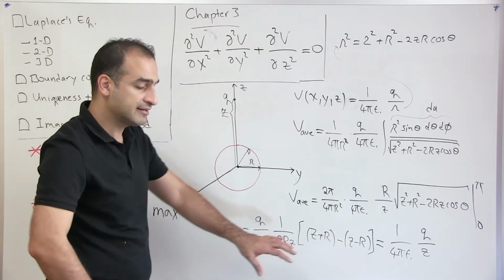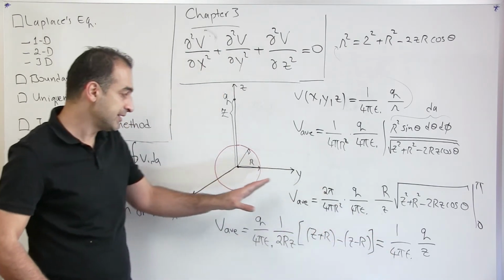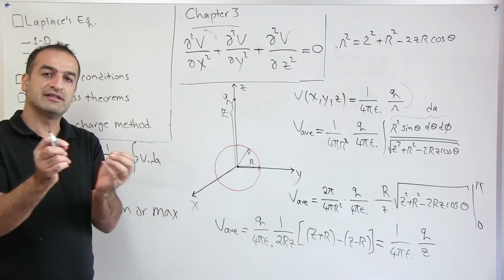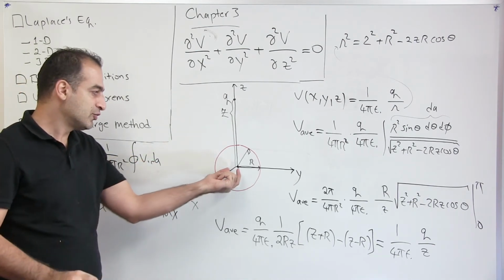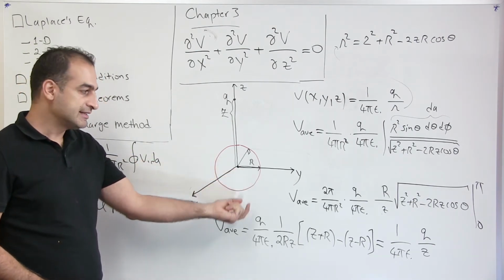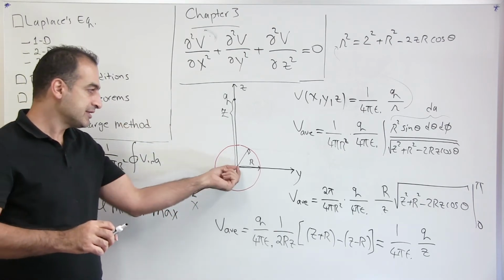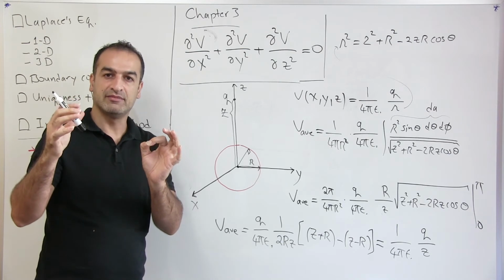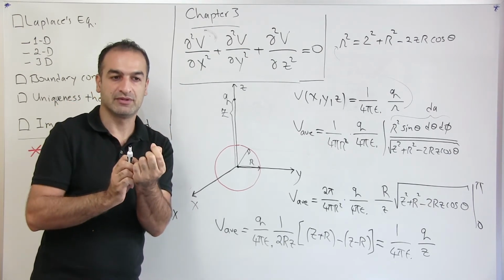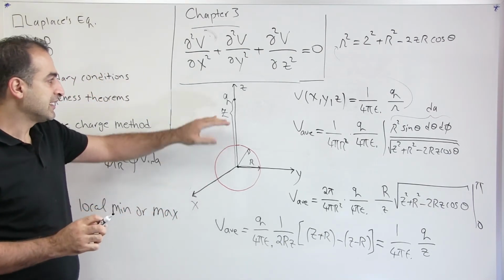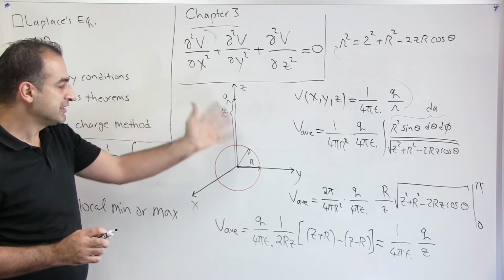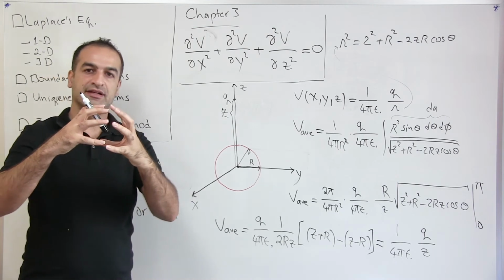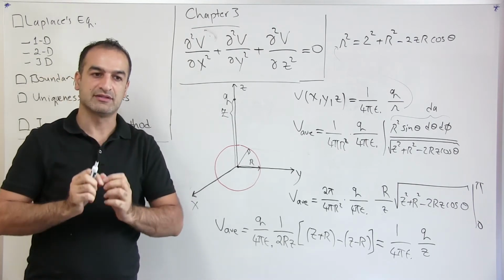Okay, and this conclusion is actually independent of how big R is. Okay, so R is not necessarily something very small, close to the center. This is correct for any point in space and for any sphere that you imagine around any single point. Okay, so always, if you have a point charge, you create a potential where the average on any sphere is equal to the potential at the center of the sphere.